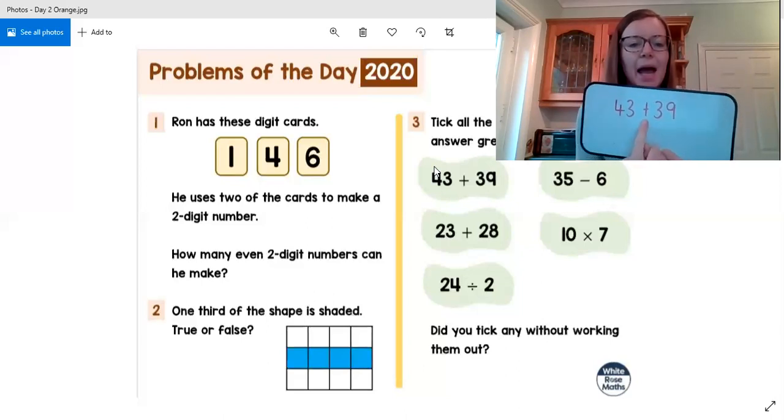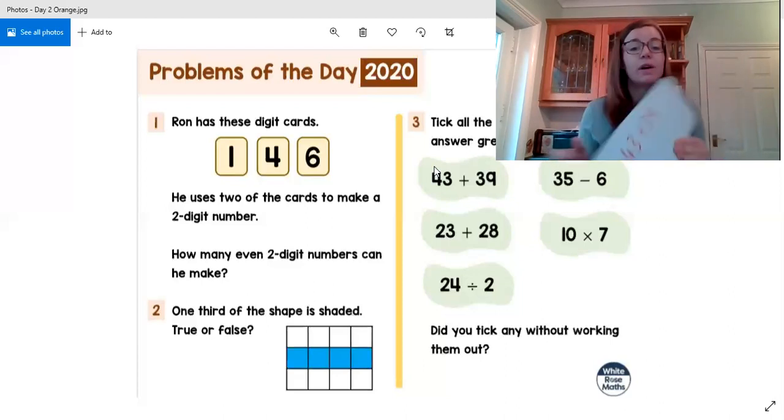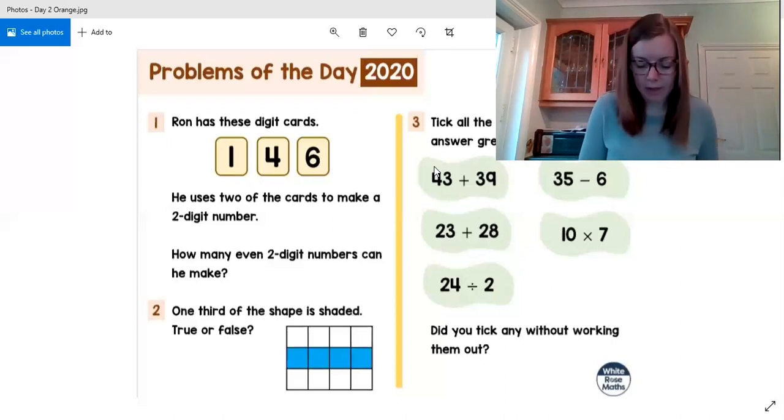And if I am adding a positive number, we know that adding means getting bigger. So we're already bigger. We're going to add on some more. We're going to get even bigger. So I'm going to tick this one as greater than 40 without even working it out. Okay, so 43 plus 39 is greater than 40.